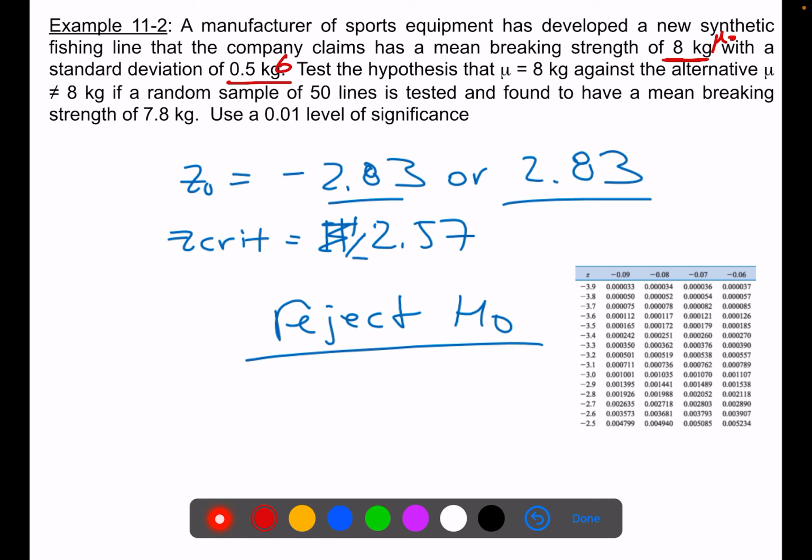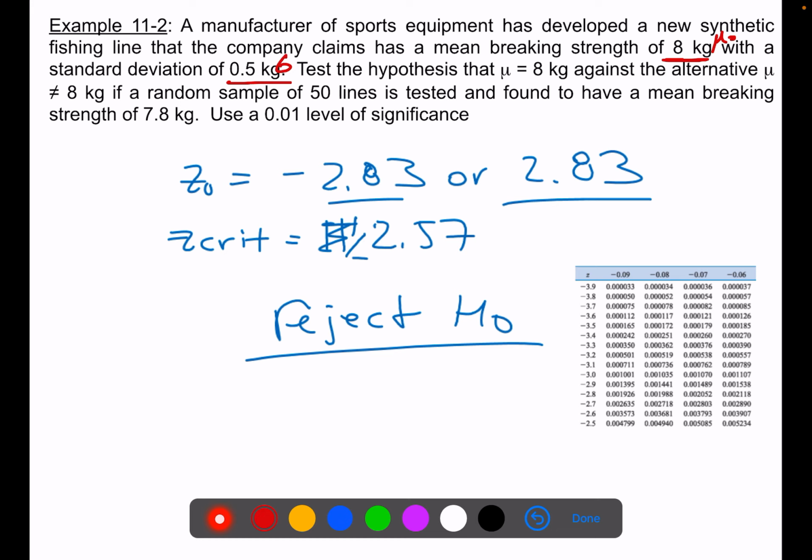Right? So basically what we have to do is look at z of alpha divided by 2, right? Which is going to be z of that number divided by 2, so it's going to be 0.005, right? So we have to find this probability in the table, and since this is sigma, then it's a normal distribution.